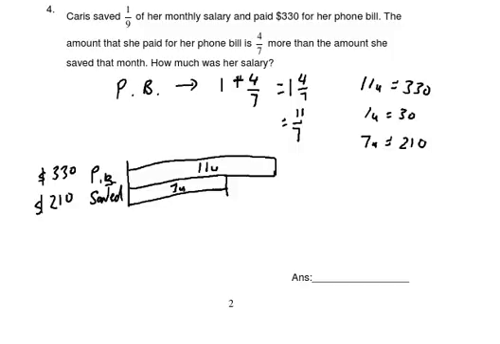Am I right to say that to find her entire salary, I just need to use $210 multiplied by 9 times? Okay, so when you multiply by 9 times, what do you get? $1,890, right? Yes or no? Anyone has any problem? I'm going to move on to the next question.